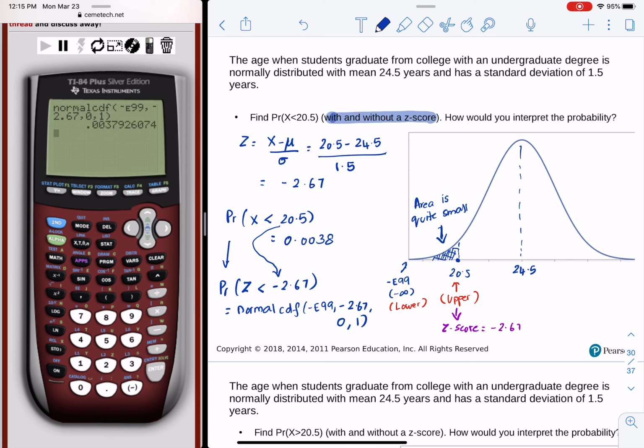Press enter. The answer is 0.00379, which is the same as 0.0038. It doesn't matter whether we use the z-score or not, in the sense we do it directly like we did here, the answer has to be the same.